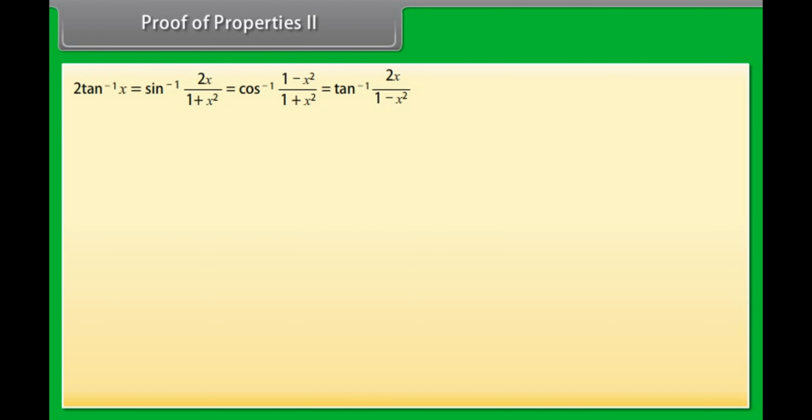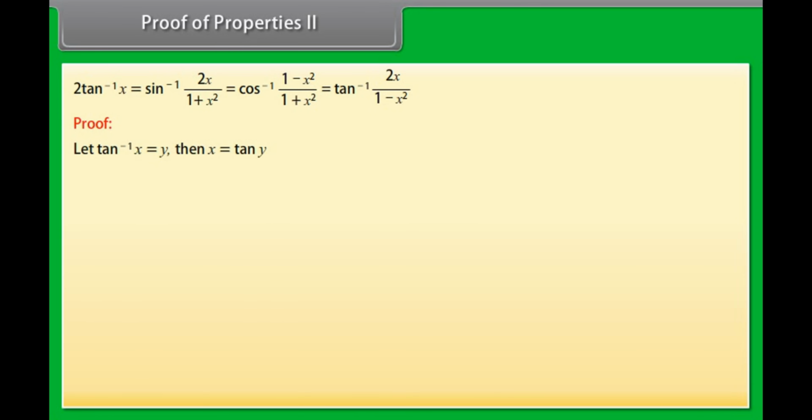Proof of properties 2. 2 tan inverse x is equal to sin inverse 2x by 1 plus x square, which is equal to cos inverse 1 minus x square by 1 plus x square, which is equal to tan inverse 2x by 1 minus x square. Proof.